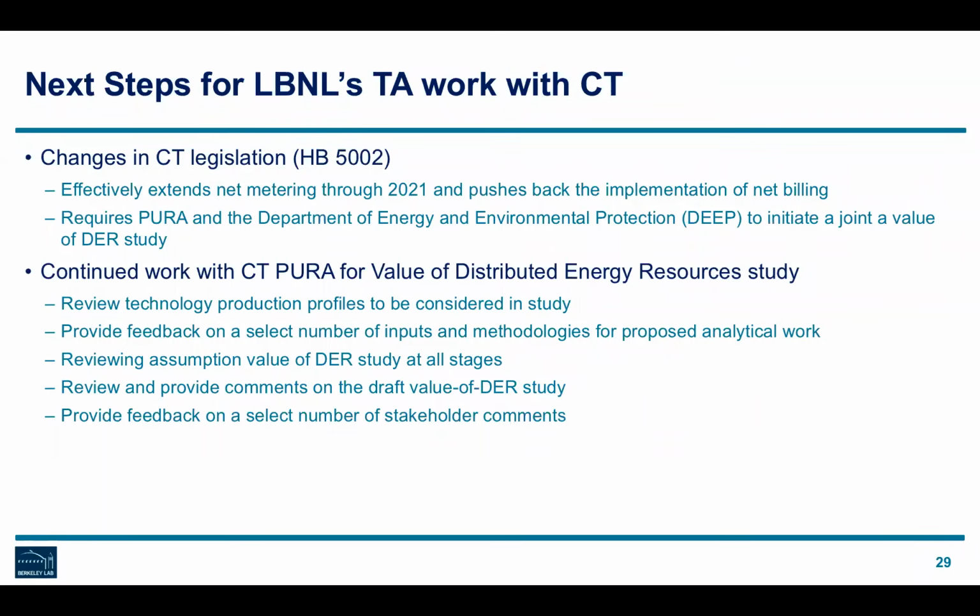So this work was put on hold for another year, and then PURA, as well as the Department of Energy and Environmental Protection, was asked to initiate a joint value of DER, distributed energy resource, study. And so we continued our work with Connecticut PURA for this value of DER study.